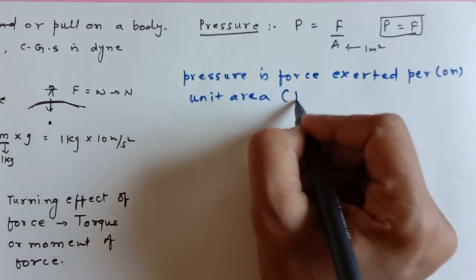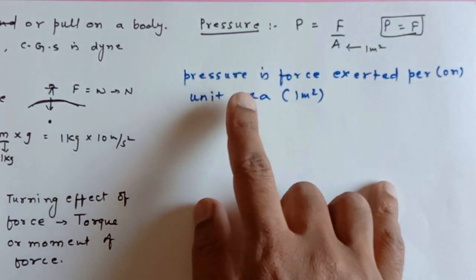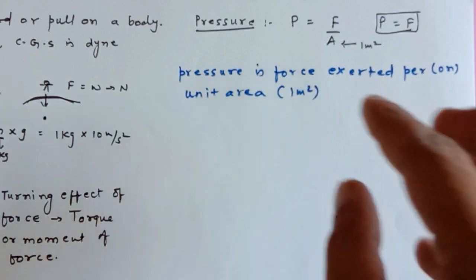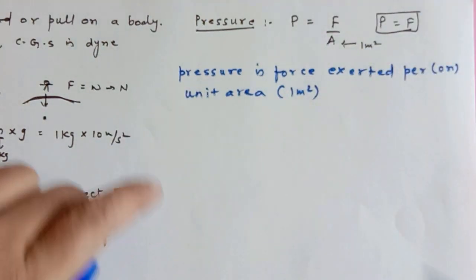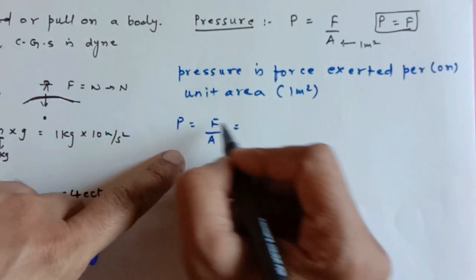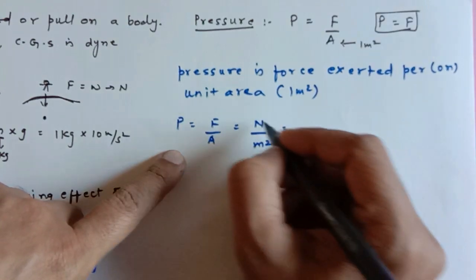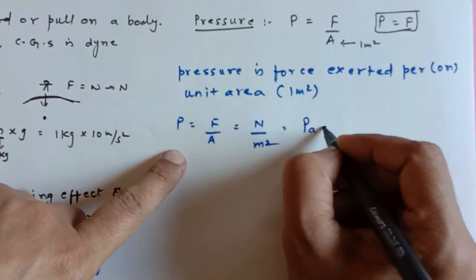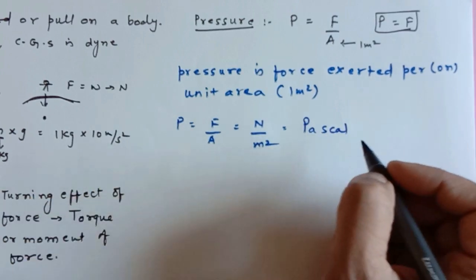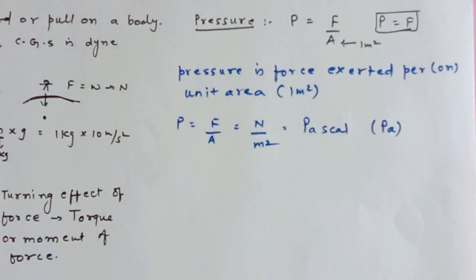Unit area means 1 meter square area, correct? So whatever force you are exerting on a 1 meter square object, that force itself will become pressure. And the SI unit: since pressure is equal to force upon area, force is Newton and area is meter square, so pressure is Newton per meter square, or it is also called Pascal. It is written as capital P and small a, right?